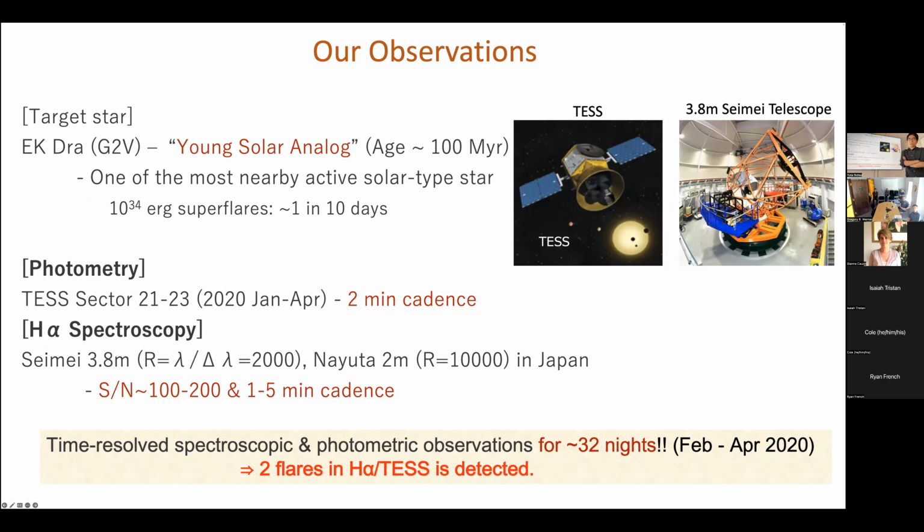Previous observations used the Kepler space telescope, measuring stellar brightness. Kepler has already ended its observation, but recently the TESS satellite, a successor mission of Kepler, was launched and observes stellar brightness in a similar way.